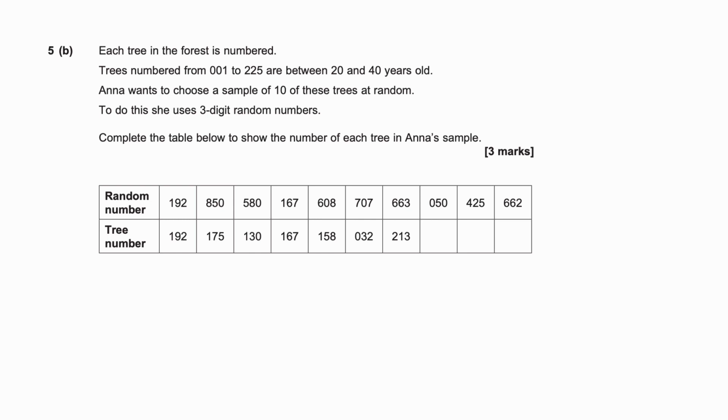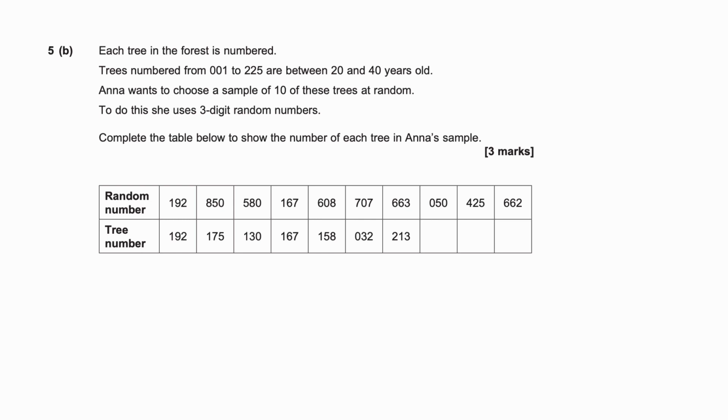She hasn't got a random number generator for just between 1 and 225, so she's using 3-digit random numbers. We've got to figure out what they've done here to get from this random number generator with 3 digits to a tree number between 1 and 225.